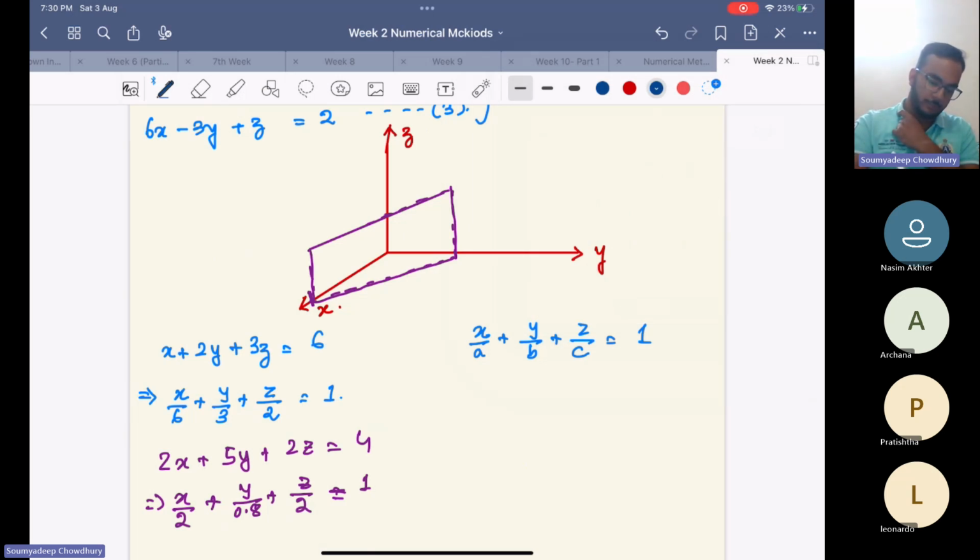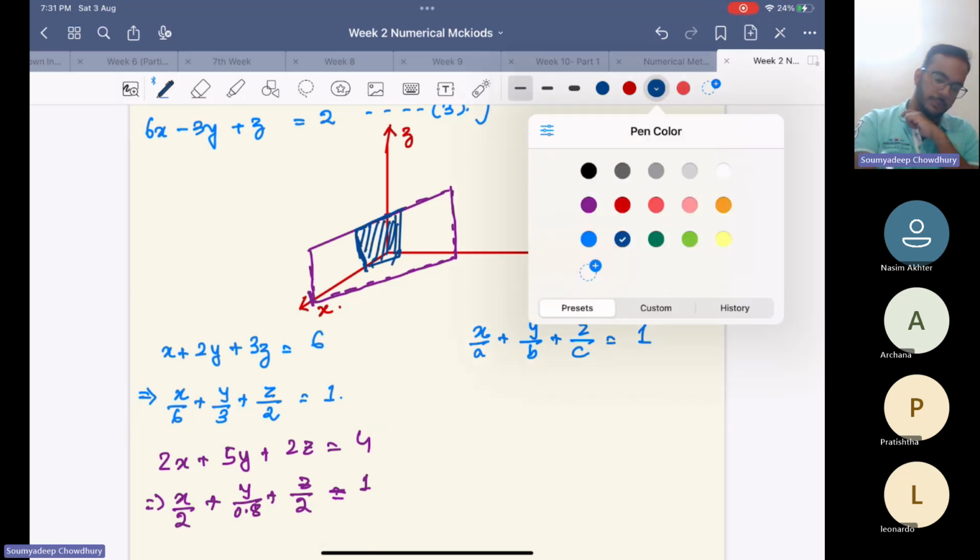In the x direction you have 2, y you have 0.8, and z is the same. Just try to imagine it; this type of plane we will get.